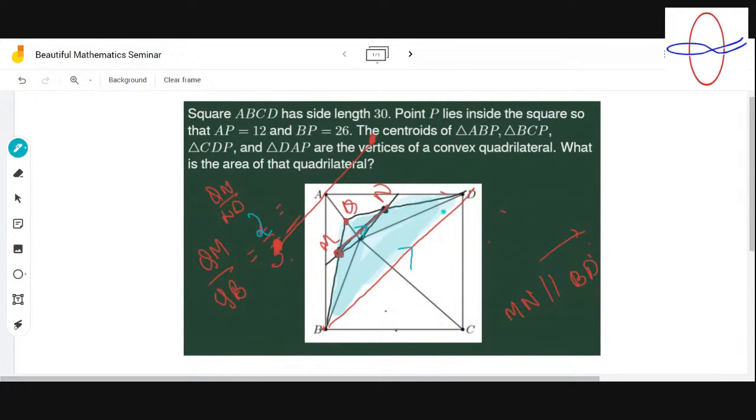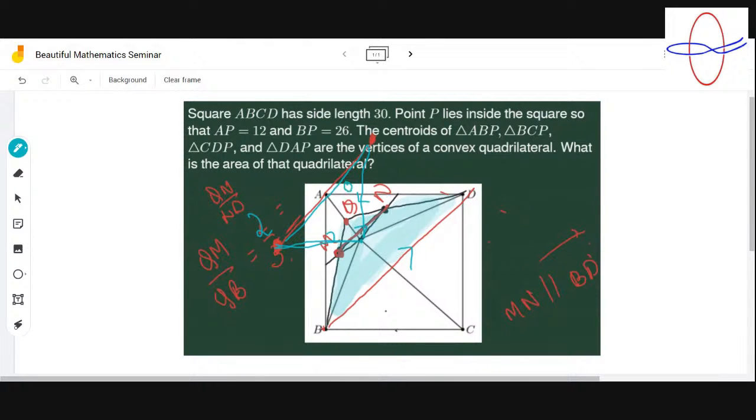Observe that if you reflect P to this side and P to this side perpendicularly, then this line is actually parallel to this line. Why? Simple.